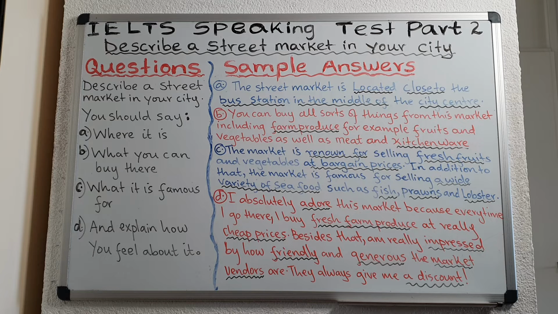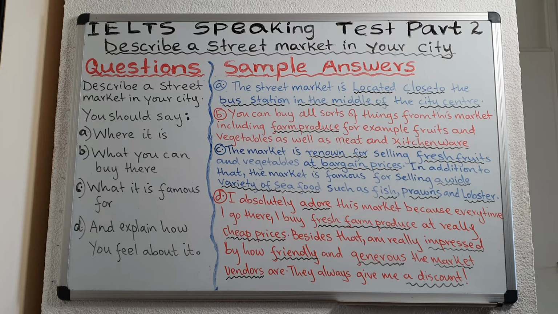For example, fruits and vegetables are examples of farm produce. Besides farm produce, you can also buy meat in the market, and you can also buy kitchenware.